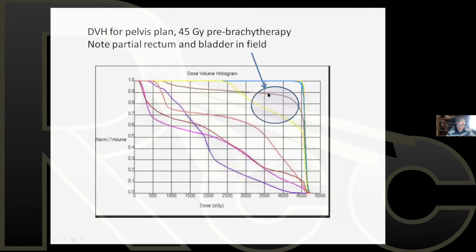Here is what it looks like. You can see that the rectum actually follows almost the PTV because a good part of it was within the PTV. So this is not a good DVH for an organ at risk. These are better DVHs for an organ at risk. And the bladder in yellow here, you can see is a little bit better. We did femoral heads also, contoured a few other things that we tried to keep out of the radiation field.